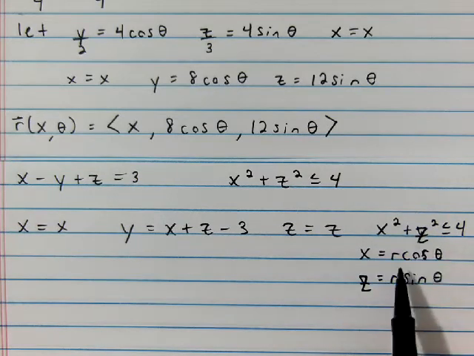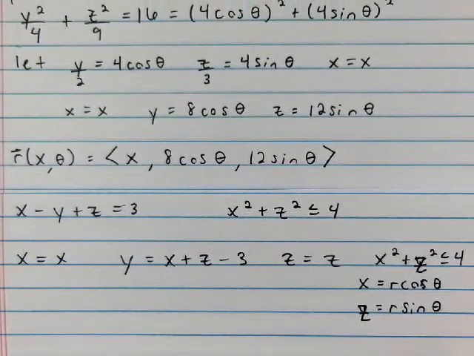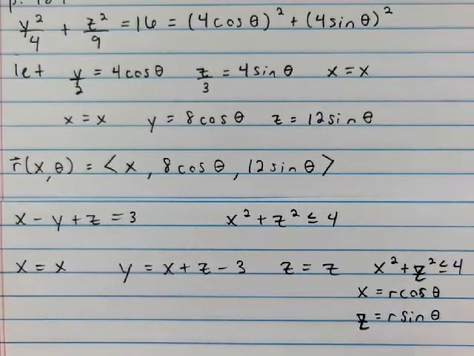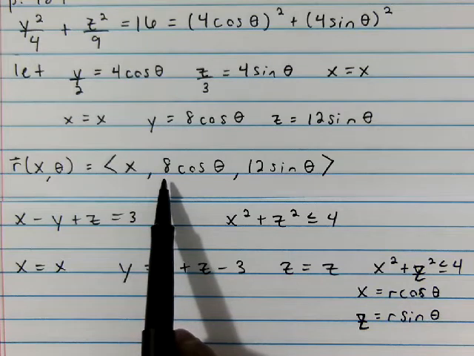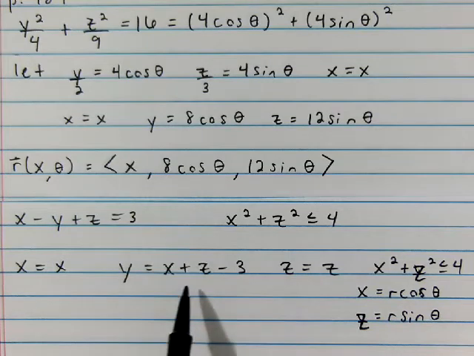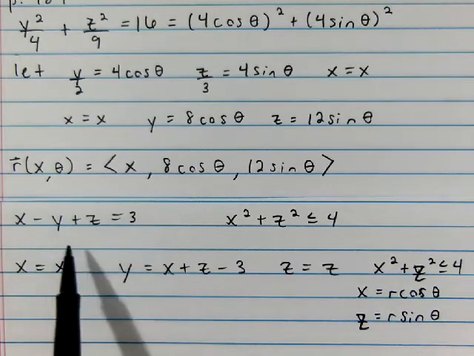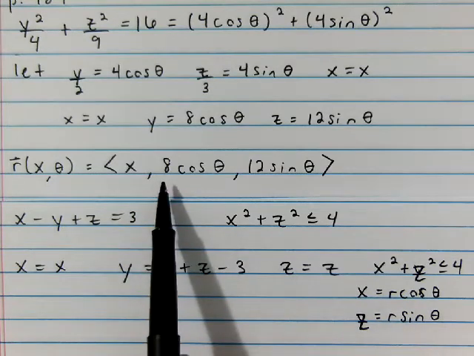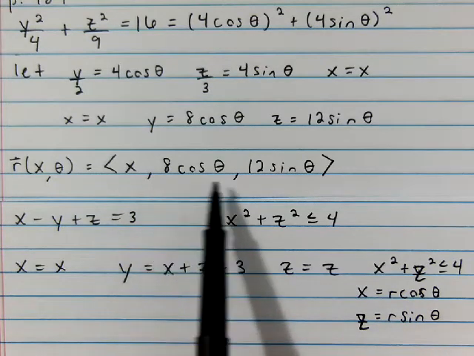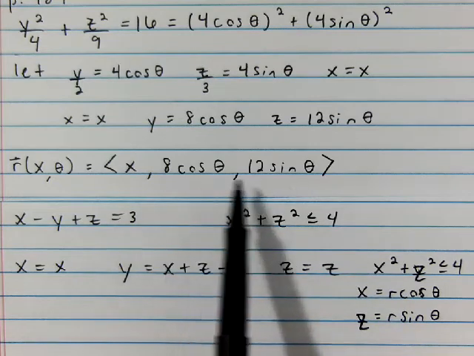So the r actually varies from 0 all the way out to 2. When you are parameterizing a cylinder, the radius does not get to vary. The radius is stuck at whatever those values are. So notice when you're parameterizing a plane inside of a cylinder, we need this flat surface, so the radius should vary. When you're parameterizing a cylinder, you are staying on the edge of the cylinder the entire time, so your radius should not vary at all.